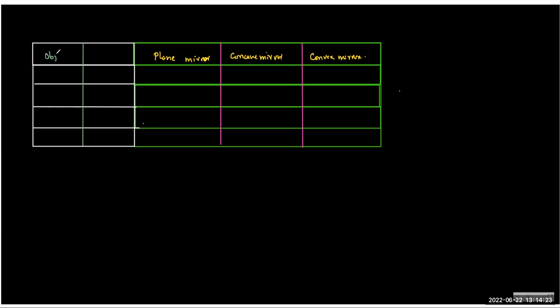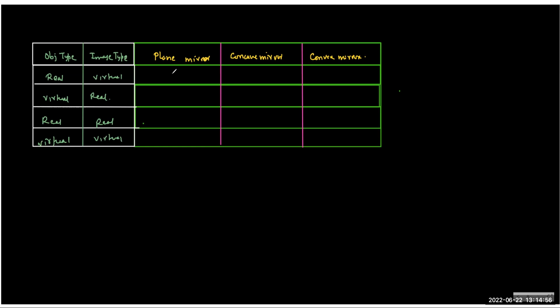Object type, image type. So I'll start with real, virtual, real, real, real, virtual, virtual. Okay, and then I will make a tick.